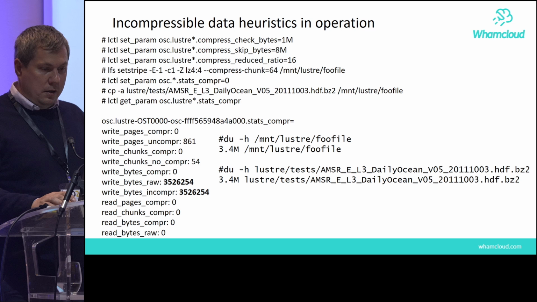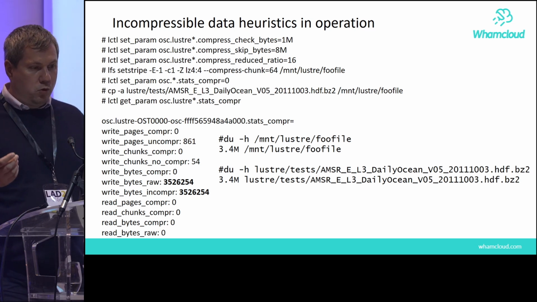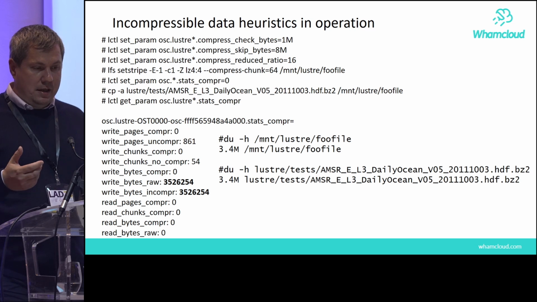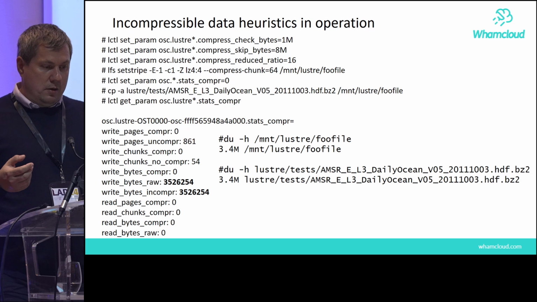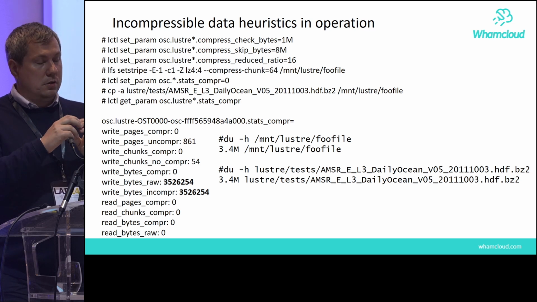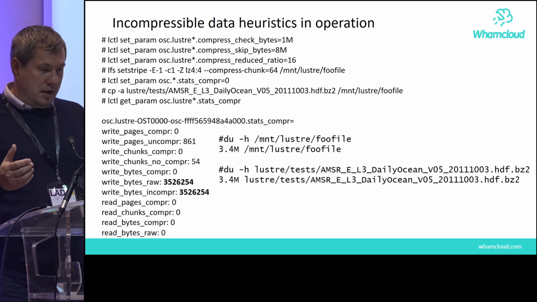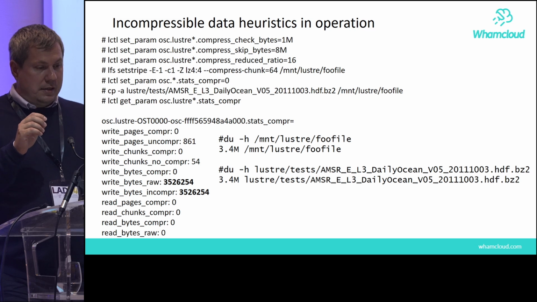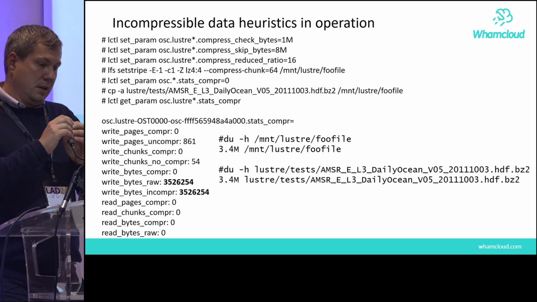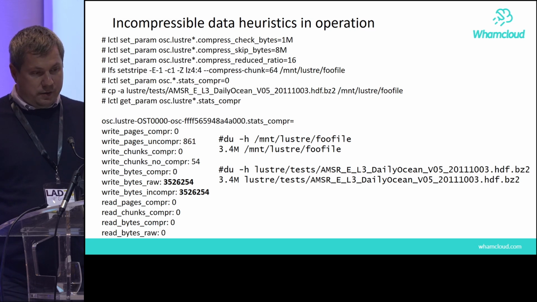Having these three options is enough to customize this process. One option sets how much data we should check before disabling compression. This is called compress check bytes. Another one sets how much data we skip and do not check after this moment.